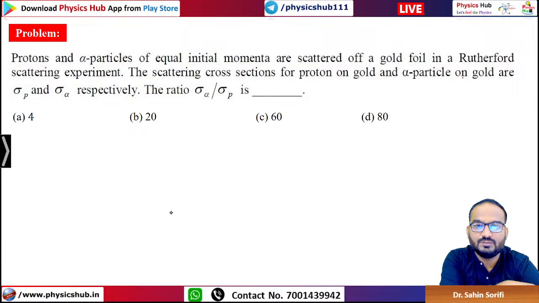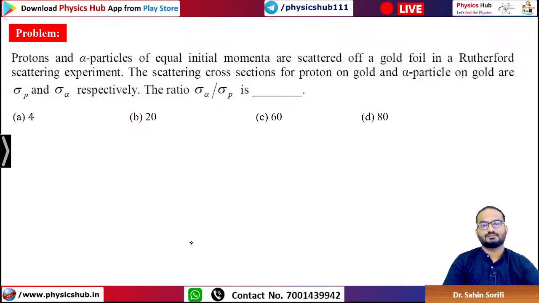Just apply the formula. Scattering cross section, on which thing does it depend? Here the variation is on the projectiles. One time the projectile is a proton, another time the projectile is an alpha particle.